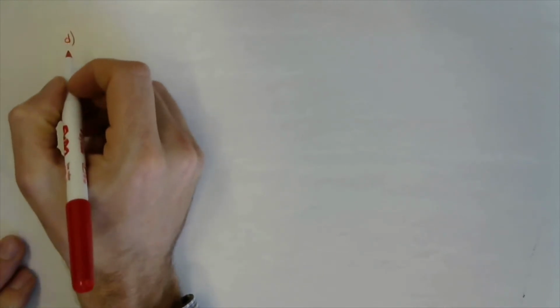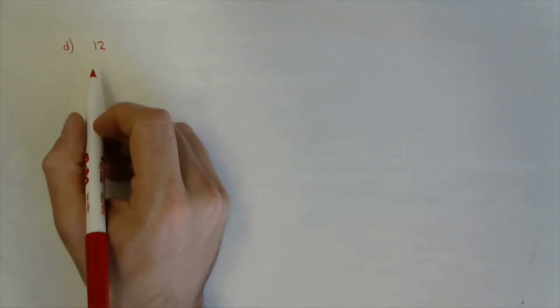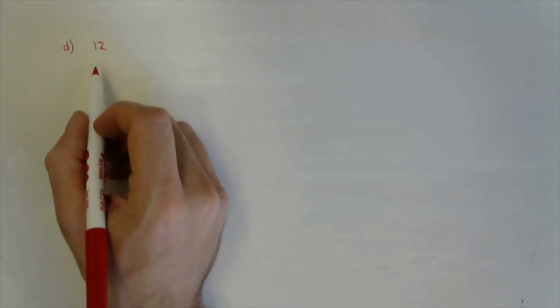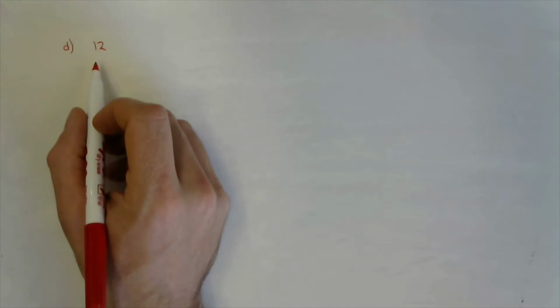So D, the last one there, is the number 12. Our goal is to write that as a power with a base of 2. And you say, well, 2 times 2 is 4, times 2 is 8, times 2 is 16. I skip right over 12. So I can't actually do it.